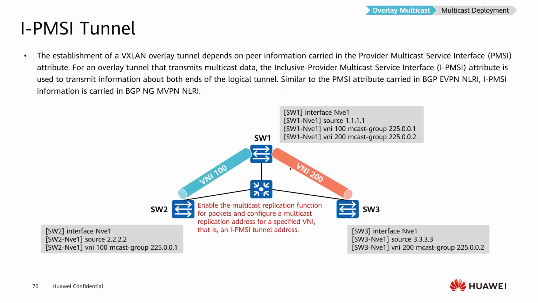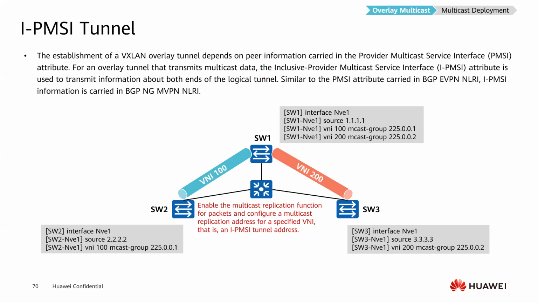Next are the IPMSI tunnels. What do they mean? IPMSI tunnels are the logical tunnels for multicast forwarding. For the establishment of VXLAN overlay tunnels, we know it depends on the peer information carried in the PMSI attribute.